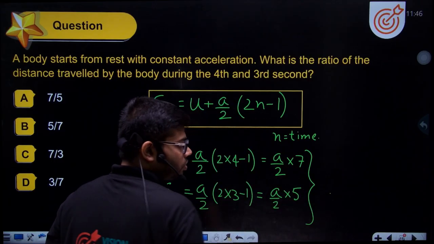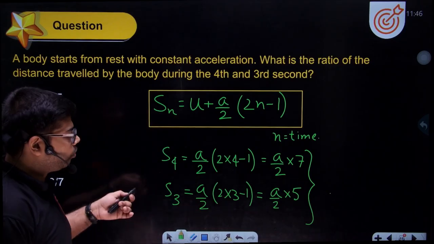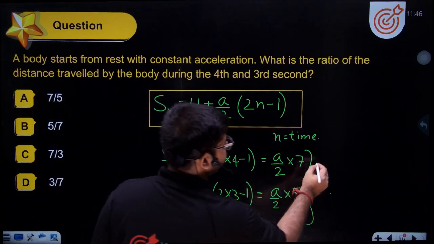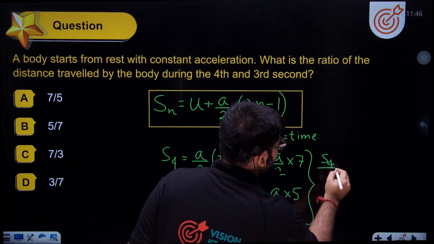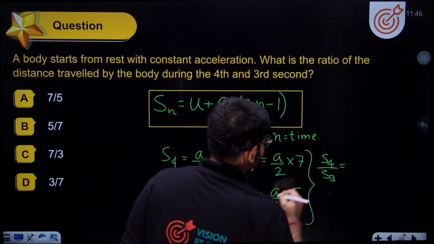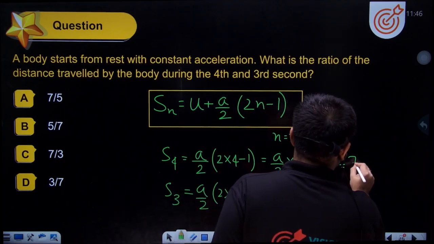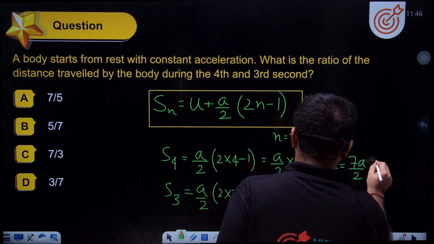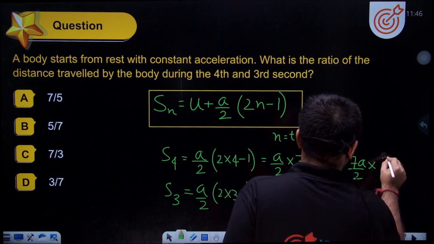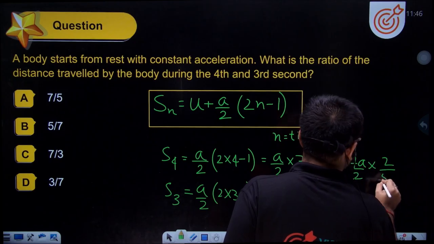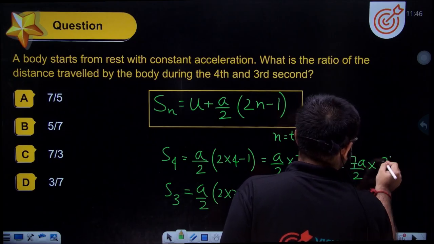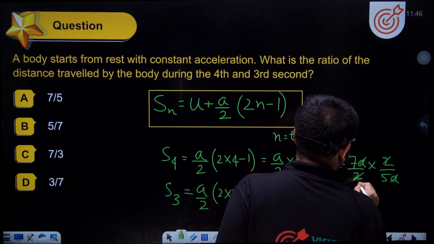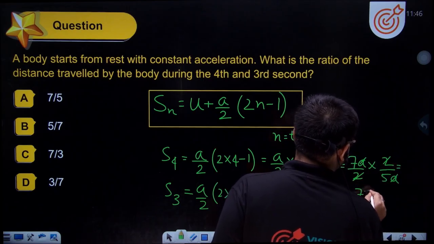Now you see S4 by S3 is nothing but 7a/2 into 2/5a. So it is 7:5.